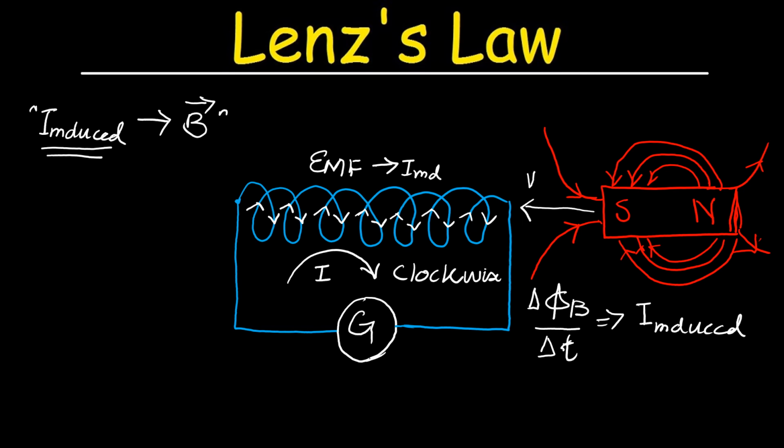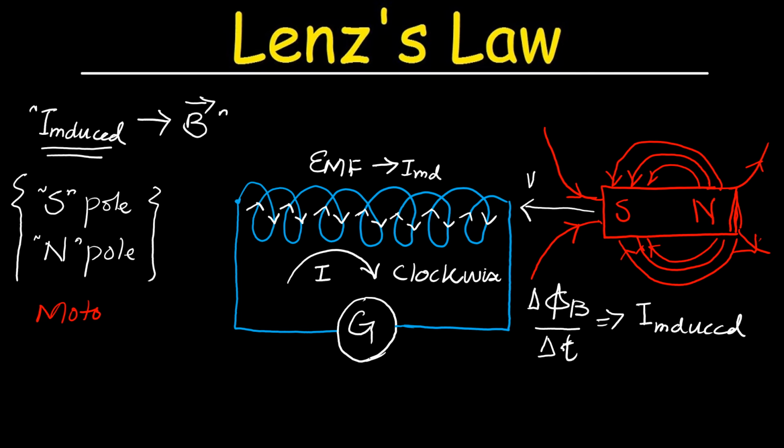Please keep in mind that, depending on the direction of the induced current, sometimes the coil will act as a south pole and sometimes as a north pole. So the direction of the magnetic field generated in a coil will depend on the motion of the bar magnet.